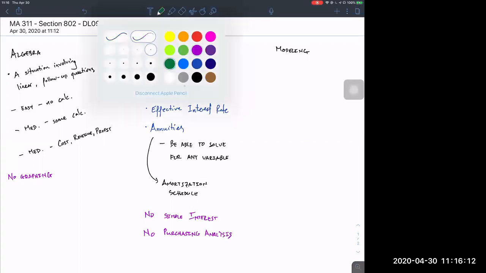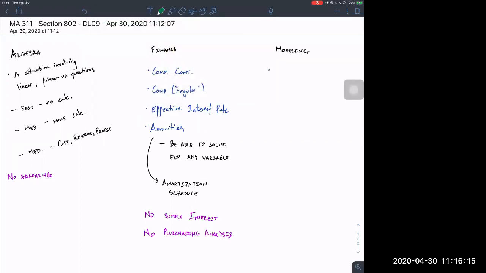For modeling, there's 2 flavors, right? You have 2 kinds, if you haven't noticed already. They're both involving algebra, but let me be more specific: it's either income linear base, or income summation base.